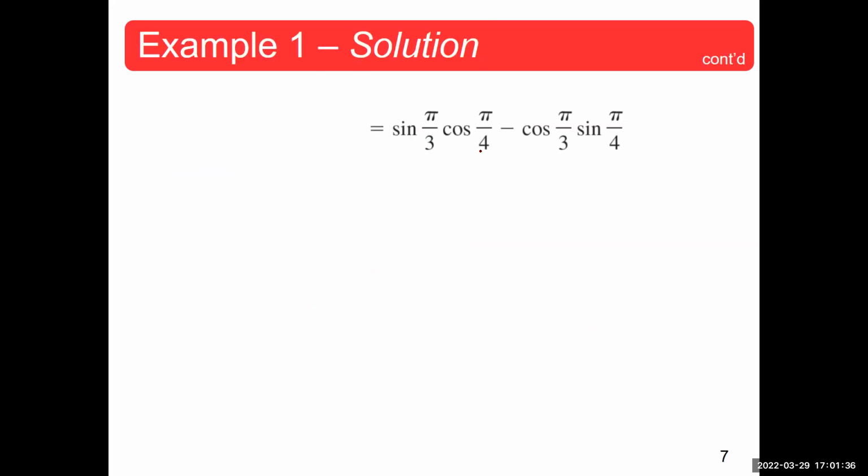As we said, sine cosine minus cosine sine. Now I can plug in the exact value for each one. The sine of pi over 3 is square root 3 over 2, square root 2 over 2 for the pi over 4, minus this is half, square root 2 over 2.